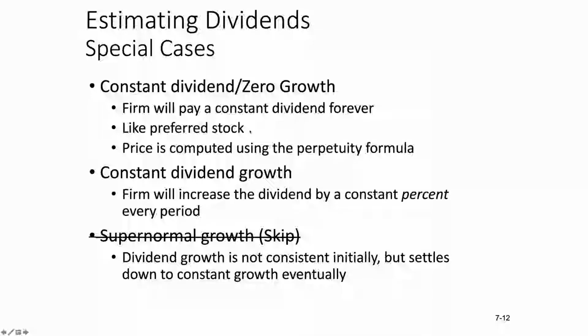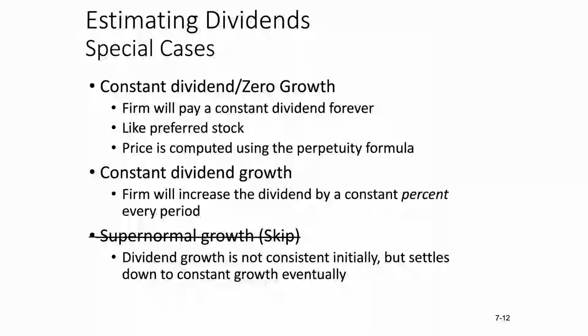Preferred stock is not really a stock. It is just like a bond, a hybrid between a bond and a stock. Why do we call it like a bond? Because for preferred stock, the dividend is fixed. Let's say 10% or $100 per year. It is just like a coupon rate, a $100 coupon payment.